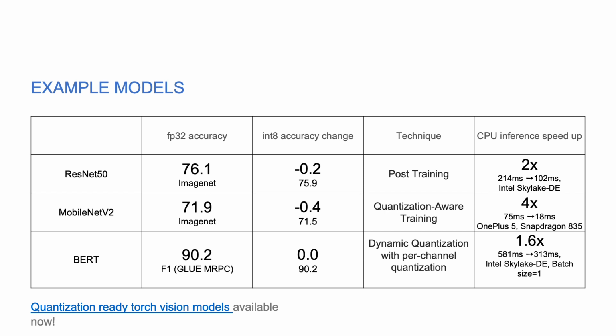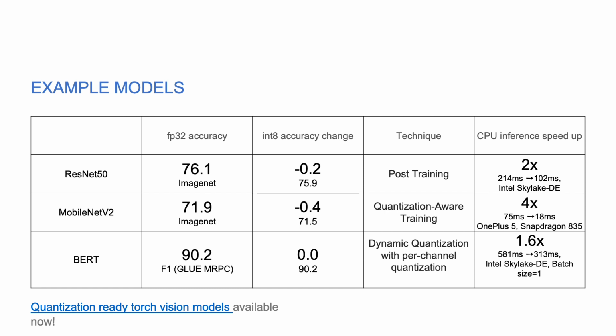MobileNet V2. Now this is one where we find that we need quantization aware training. And on my next slide, I'll do an ablation analysis so you can see how much benefit you get if you did it with just post-training quantization. But in any case, with the best technique, quantization aware training applied to MobileNet V2, we typically see 0.4% of accuracy loss on the top one accuracy.